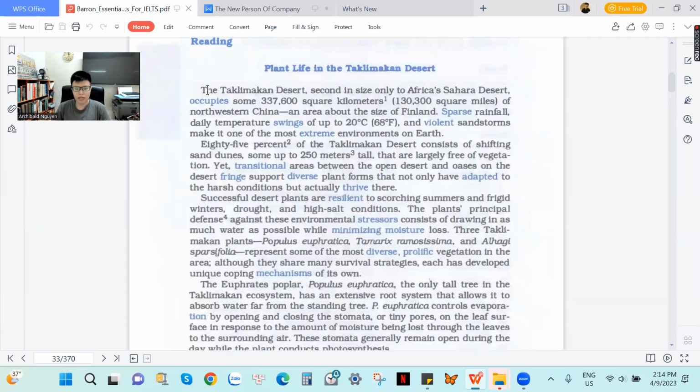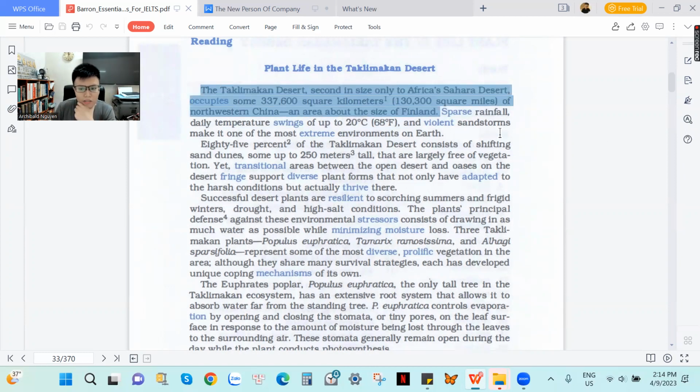Okay. The Taklimakan Desert, second in size only to Africa's Sahara Desert, occupies some 337,600 square kilometers of northwestern China, an area about the size of Finland.